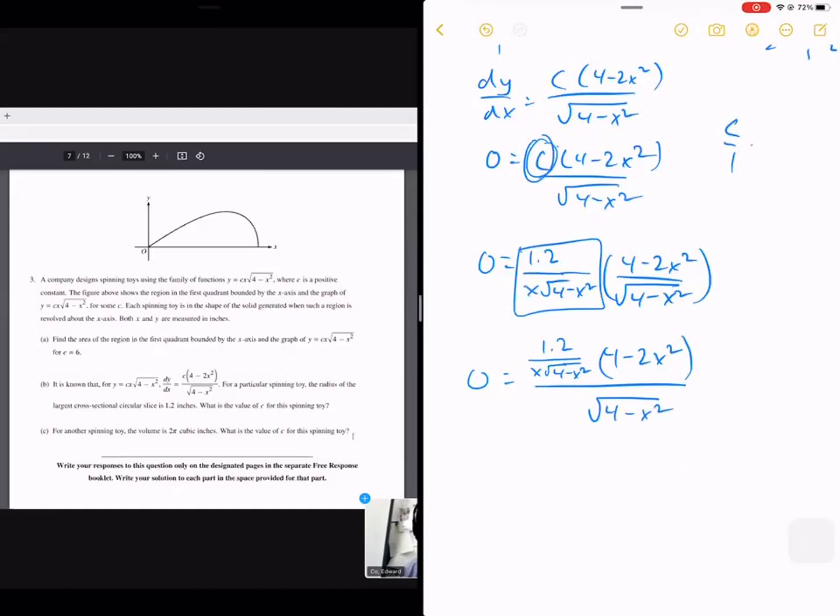We don't like dividing fractions, so we multiply by the reciprocal. So it's 1.2 over x square root of 4 minus x squared, 4 minus 2x squared, that's the top, multiplied by the reciprocal, 1 over the square root of 4 minus x squared. And this gives us the same thing that I wrote up here.